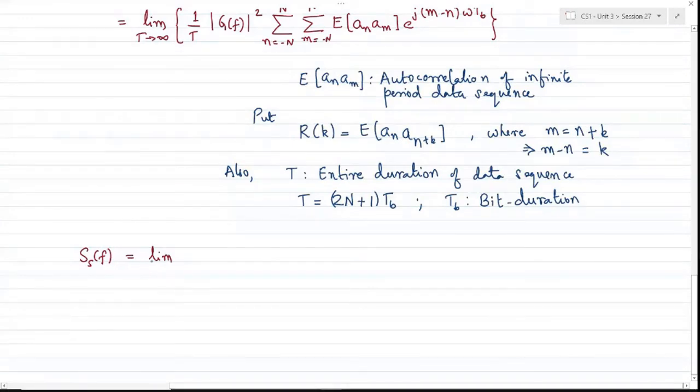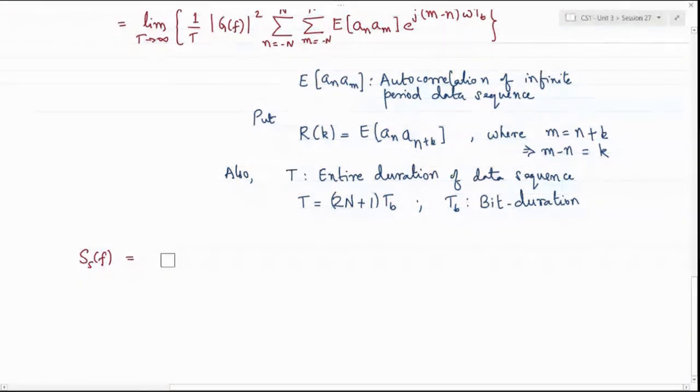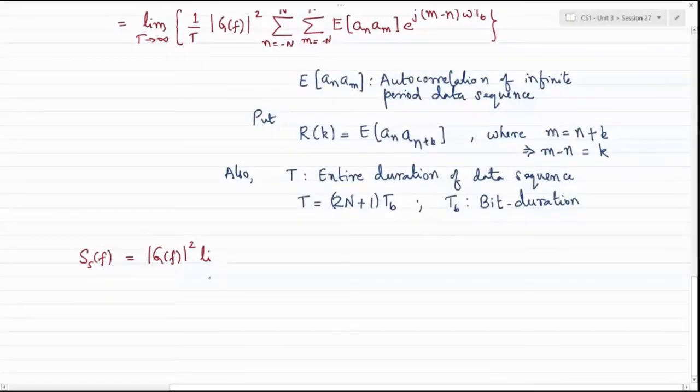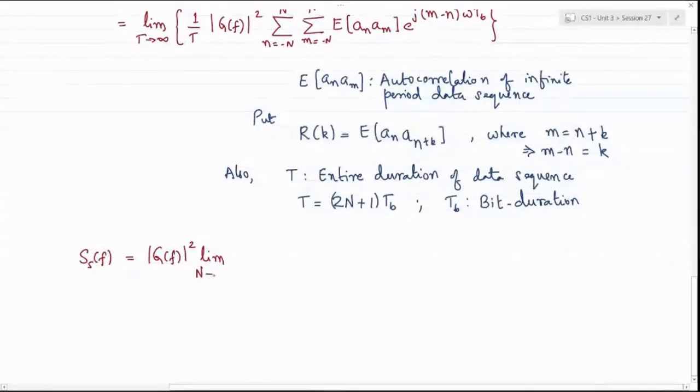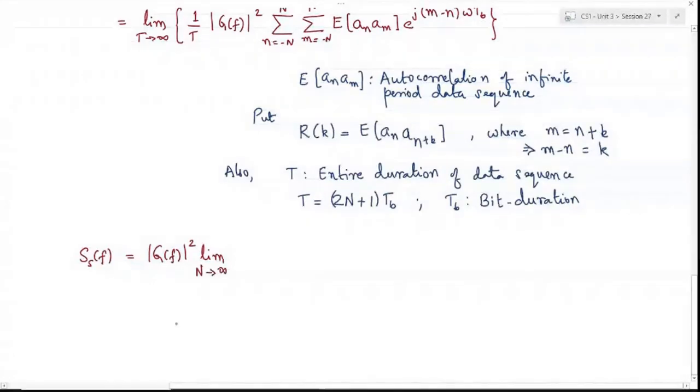I'll pull G of f the whole square outside, which is independent of these quantities, so it is the limit N tends to infinity of 1 over T, which I'll replace with 2N plus 1 times T_B.